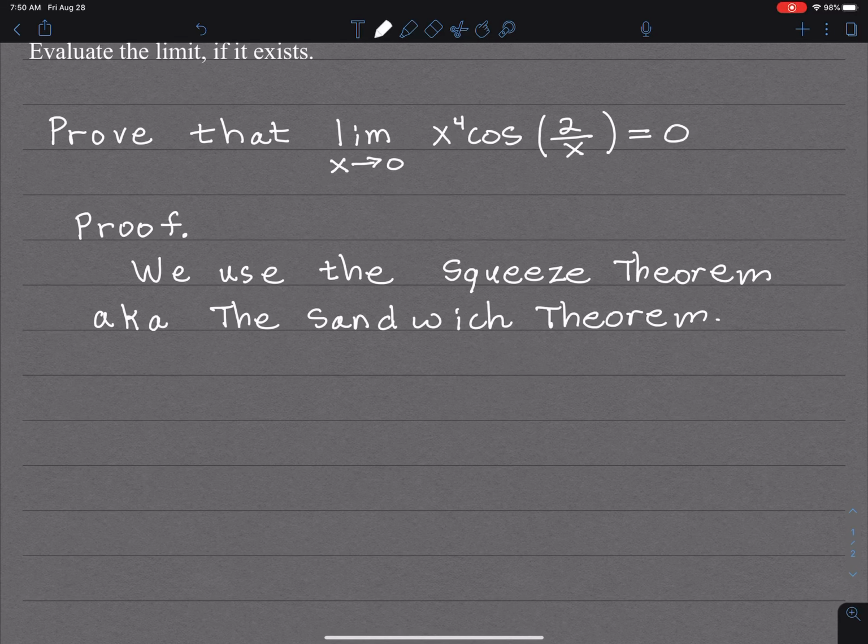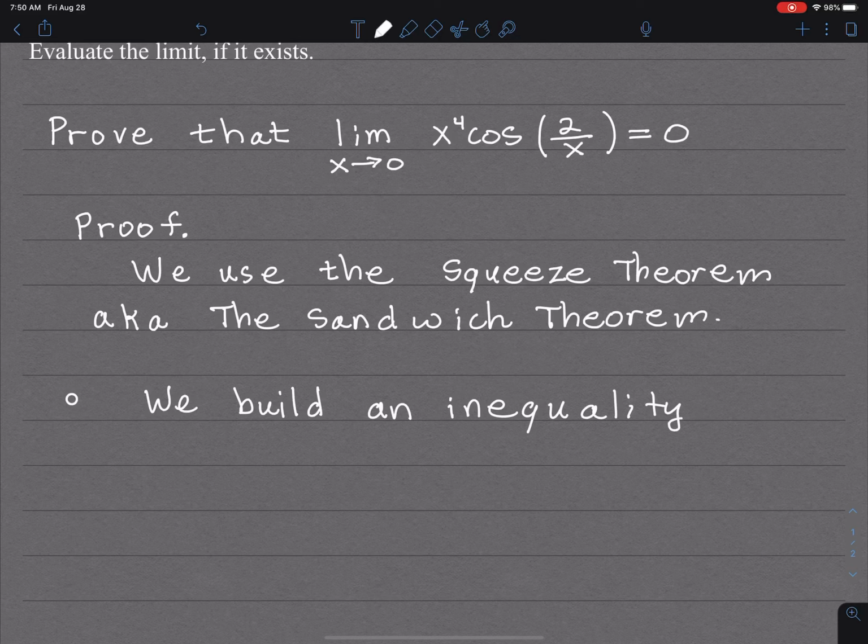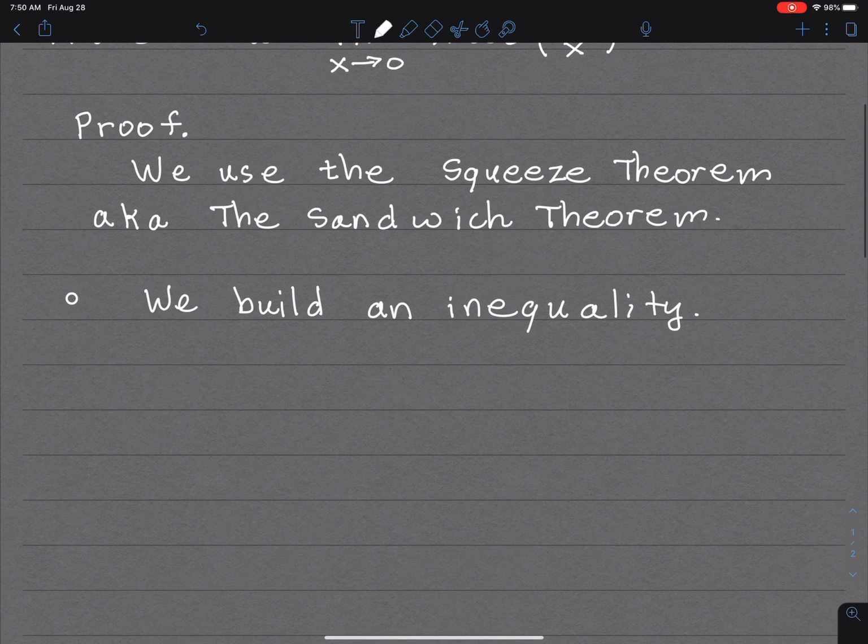Now, the first thing we do is we build an inequality, the sandwich. Maybe build's not the right word, but that's what I wrote down. We can build or construct an inequality, and when I see cosine or sine, that's where I can start the inequality, because cosine, and the same is true of sine, regardless of what I put inside, has a maximum value of 1 and a minimum of -1.